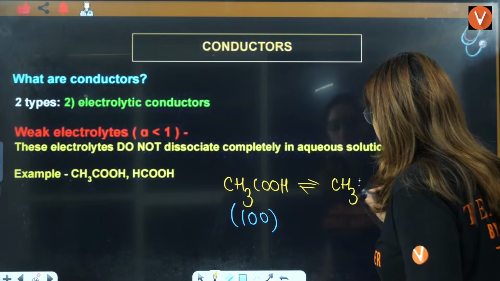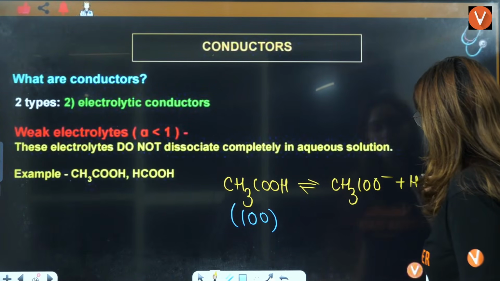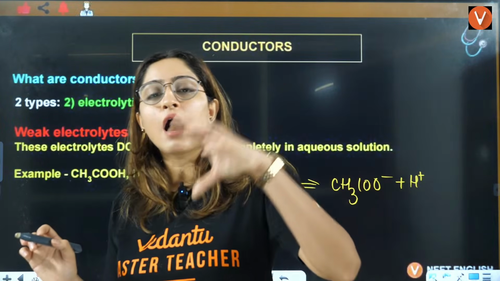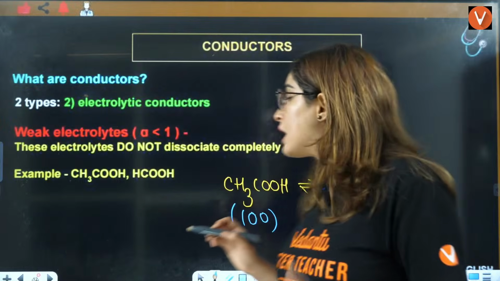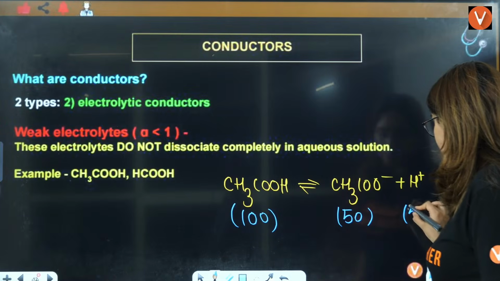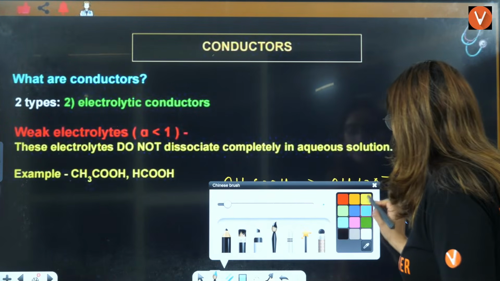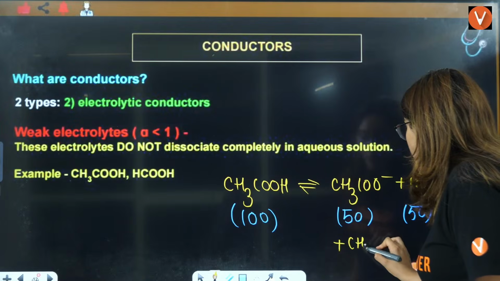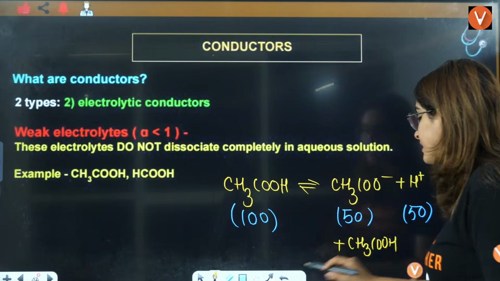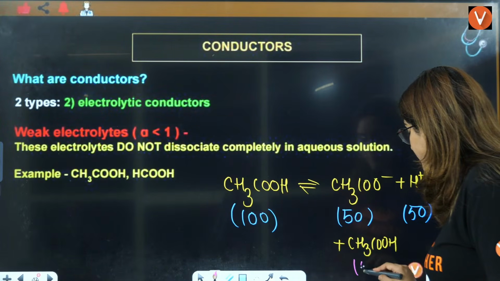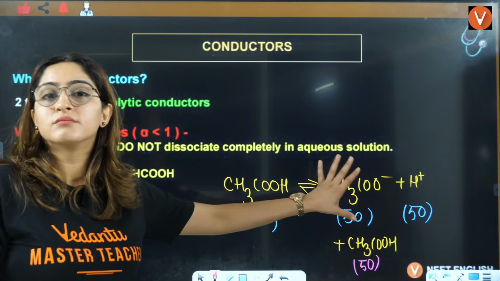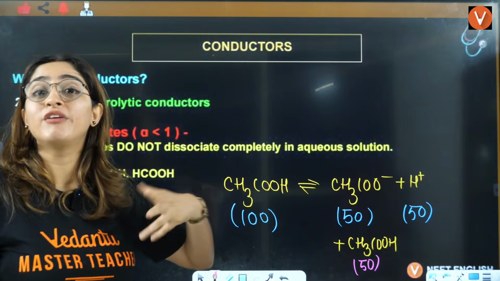If I am saying that it's 50% dissociated, that means out of these 100 molecules, only 50 molecules are dissociated into these two ions, plus you have 50 molecules of CH3COOH as they are in the end. So this is called 50% dissociation, weak electrolyte.